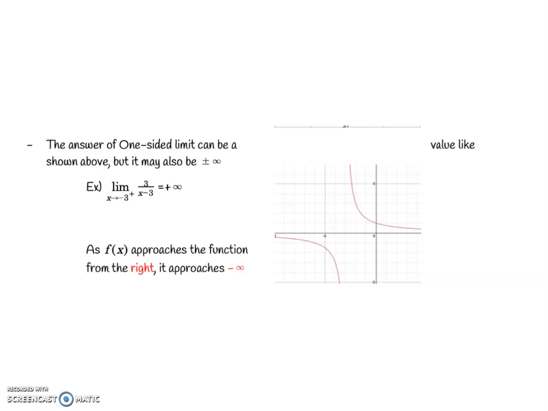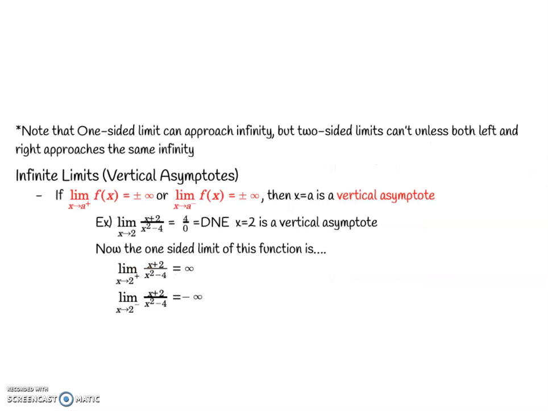Because it's a single-sided limit, the answer can be: as x approaches negative 3 from the right, the limit is positive infinity. If it approaches from the left, it's clear that it's going to approach negative infinity.